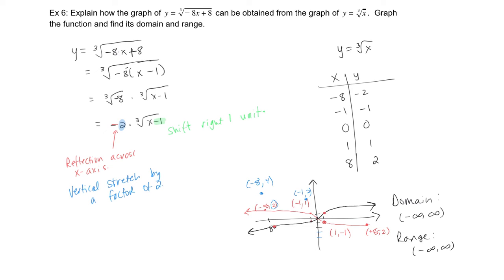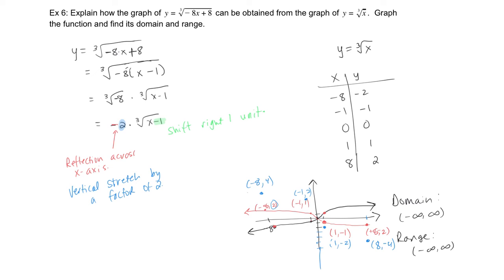Okay, we're going to have a point at 1 and -2. The y values are getting doubled. Oh, that point wasn't quite right. Let me fix that. That point should have been at 2. Okay, and then this point is at -4. This point is at 8. My x value doesn't change, but now my y value is doubled.